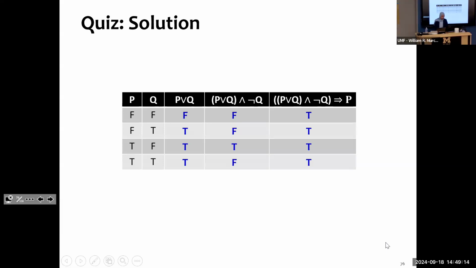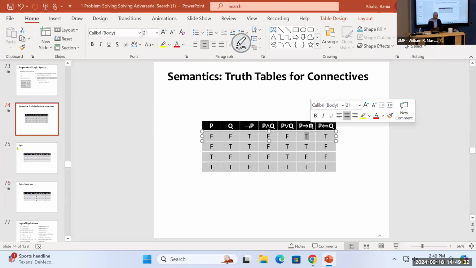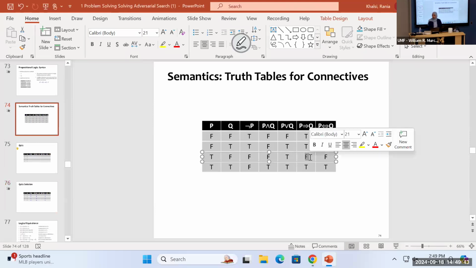So we have here this entity which is false, and false implies P, which is true. False implies true. So let's check here. If I have the implies, P implies Q, so false implies true is true. False implies false is the only case where I have the final result as false.